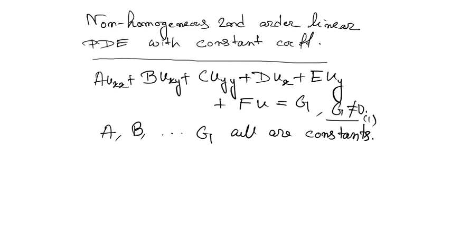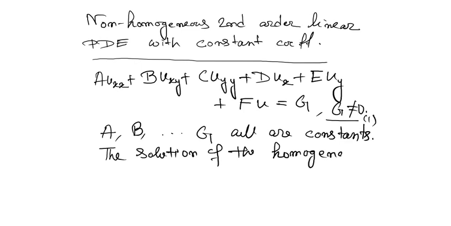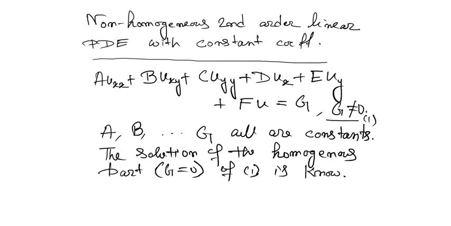1. The solution of the homogeneous part, that is when g equal to 0 of 1, is known as complementary function.